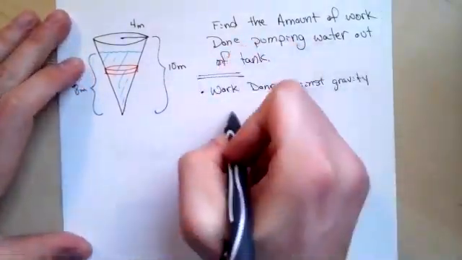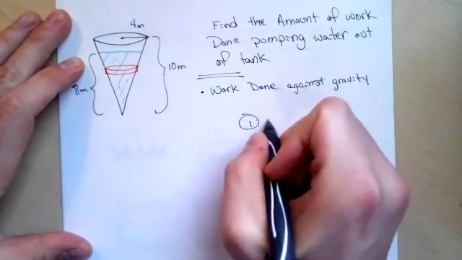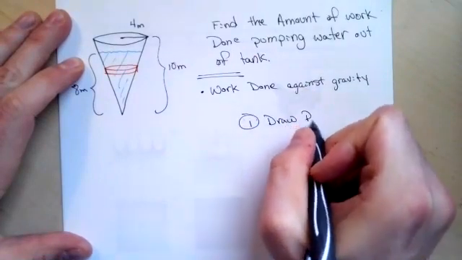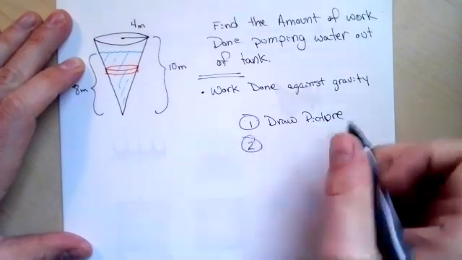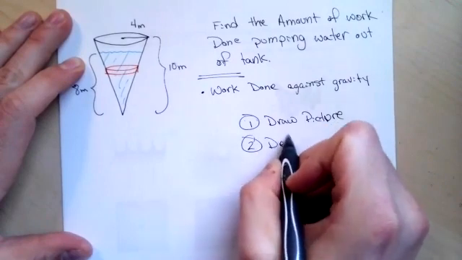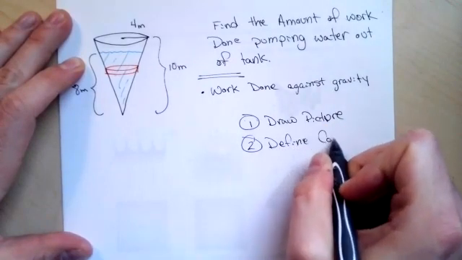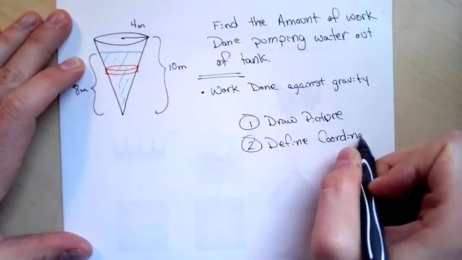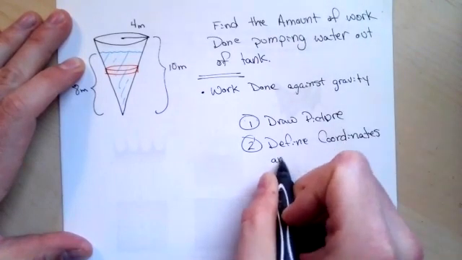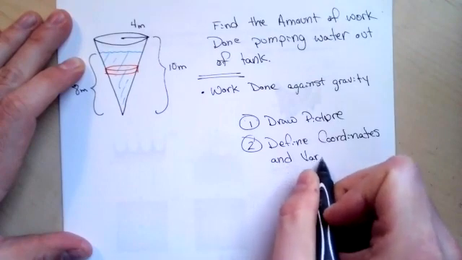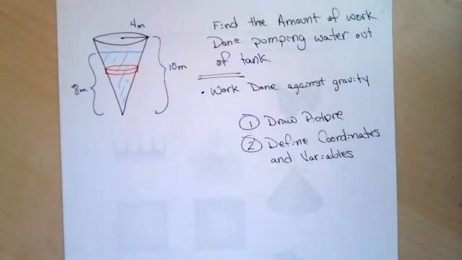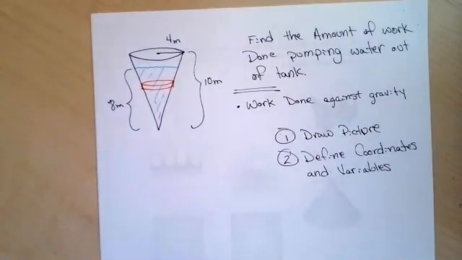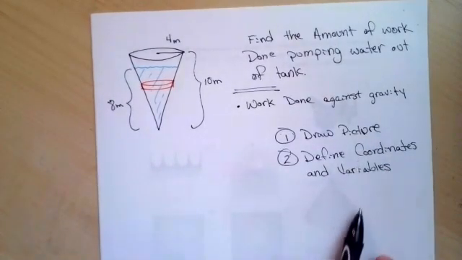So maybe some steps in word problems. Draw a picture. I would recommend defining an axis, define coordinates and variables. So in a lot of these problems, especially since they are now real world problems, we don't actually have our coordinate systems yet.